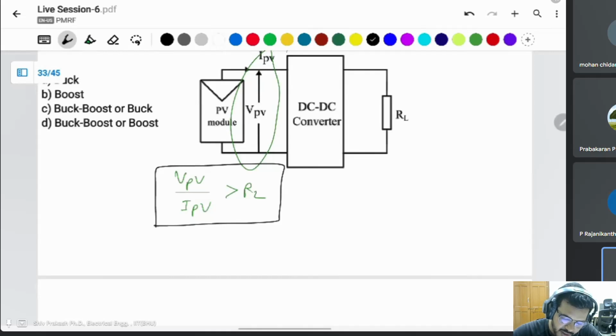RL is output resistance. VPV, IPV, you can say this is the RS. RS is greater than RL.